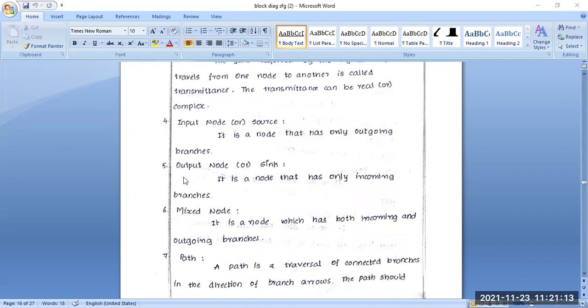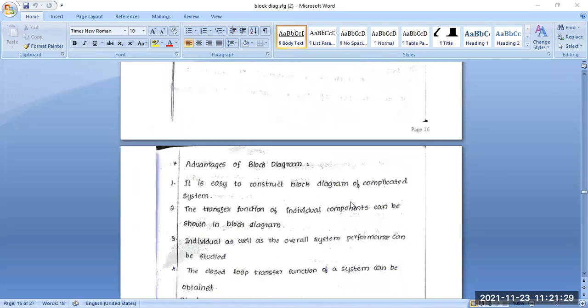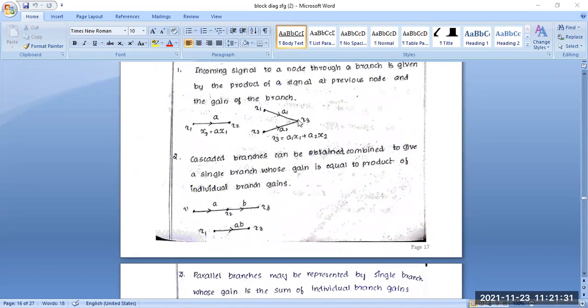Next, number 5, what is an output node or output sink? It is a node that has only incoming branches. In this diagram, this x3 is an output node or output sink, because node x1 is connected by this branch and node x2 is connected by this branch to x3.